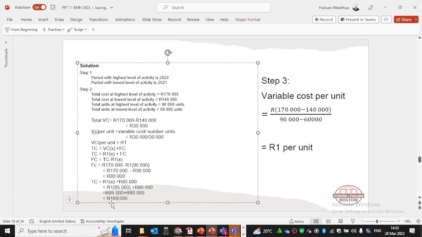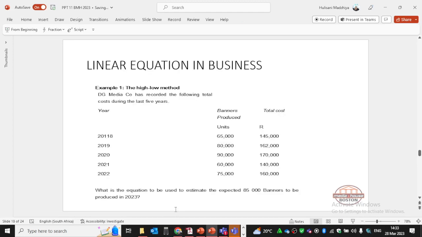So we expect the future cost to be 165, plus or minus. And based on past data, if we check 80,000 and 90,000, 165 falls in between 162 and 170. So we expect it to fall somewhere in between here. But it can still be 162 in the future because this cost could actually change.